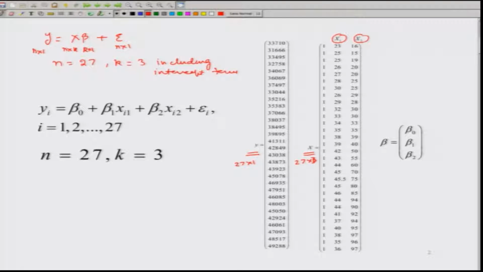And similarly beta contains 3 elements. First is intercept term and other two are slope parameters. Beta 1 is the slope parameter associated with x1 and beta 2 is the slope parameter associated with x2.